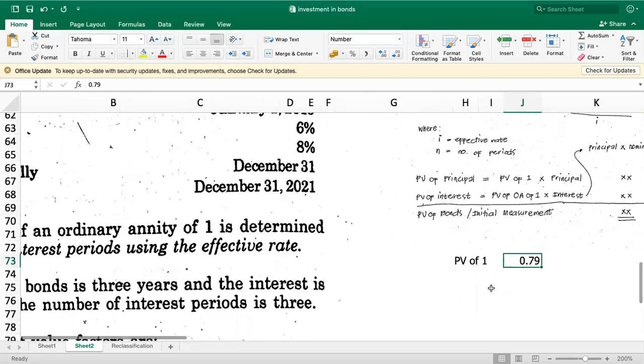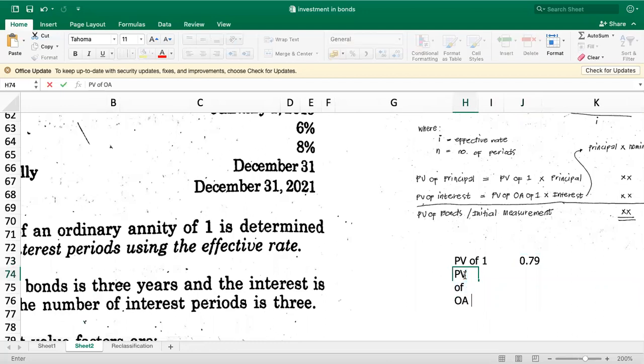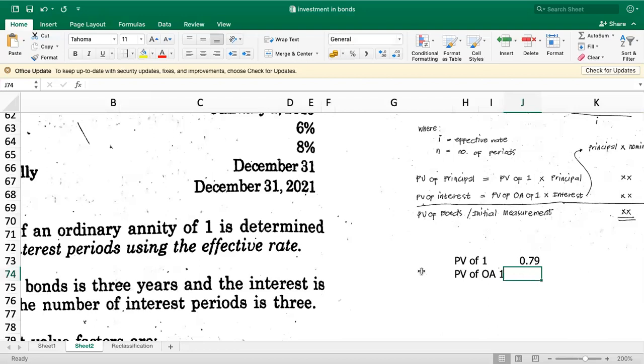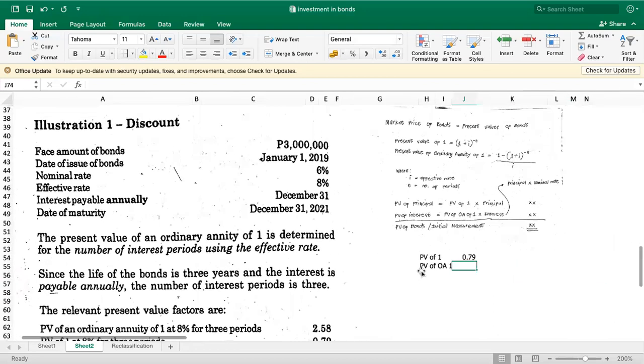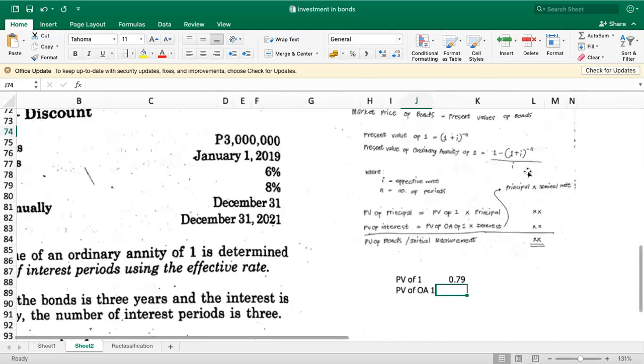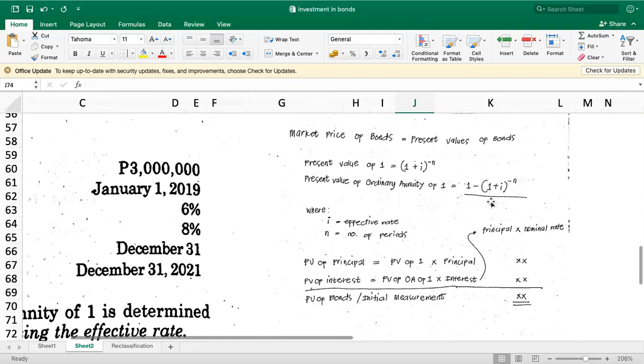Okay, 0.79. How about the PV of ordinary annuity of 1? Okay, so based on the formula, we have 1 minus (1 plus I) raised to negative n, divided by I. So let's compute first. Basically, this portion is the PV of 1. Okay, so you have 1 plus 0.08 yung effective interest natin, raised to negative 3.